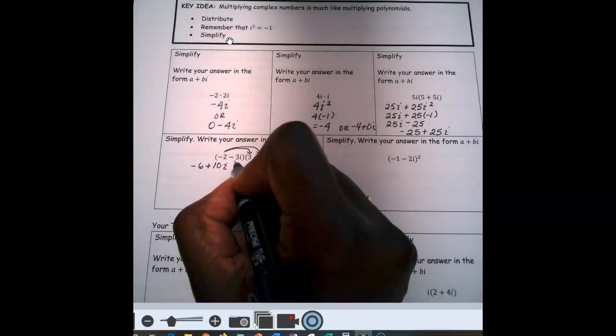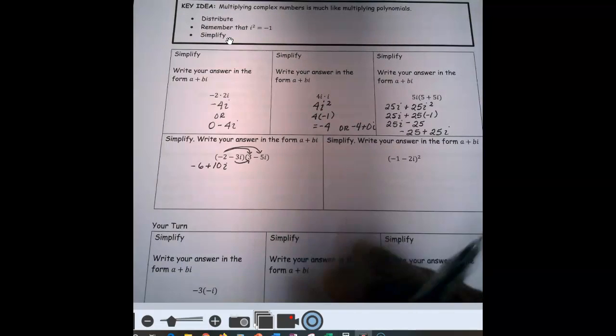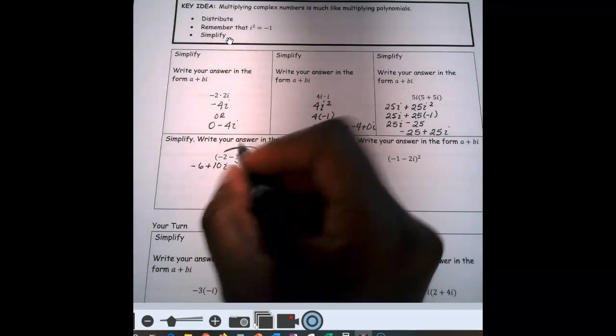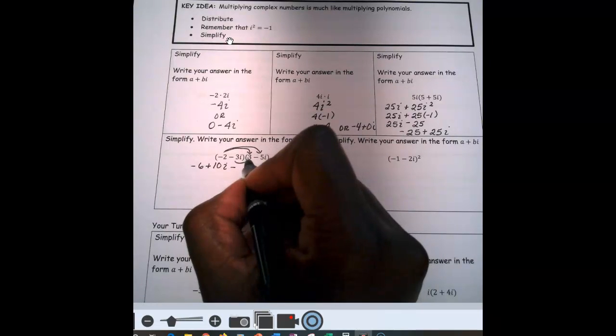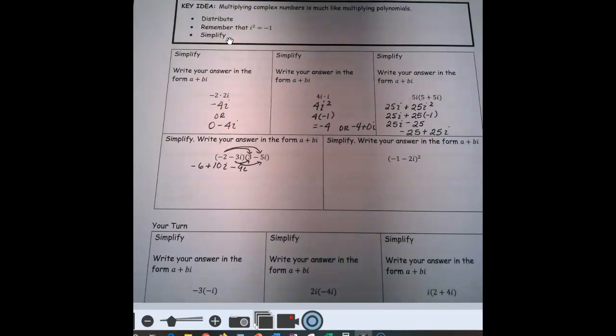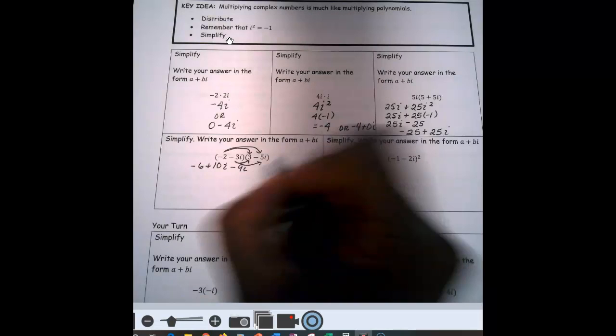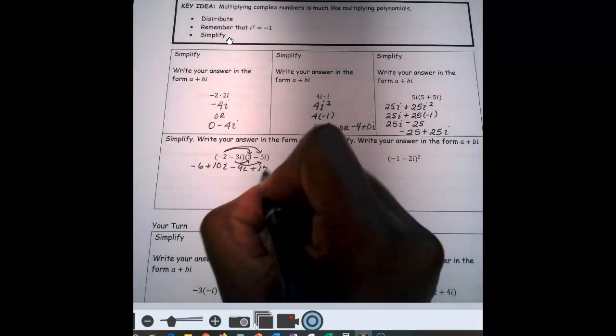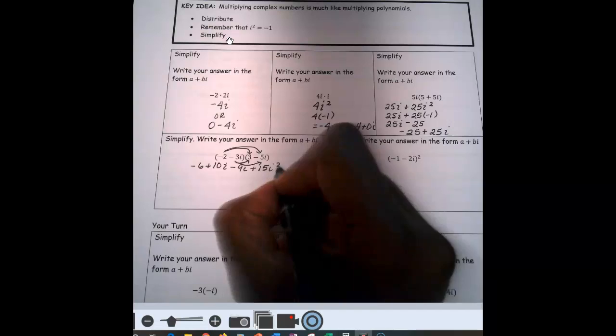Then we're going to do -3i times 3. That gives us -9i. And then -3i times -5i gives us positive 15i squared.